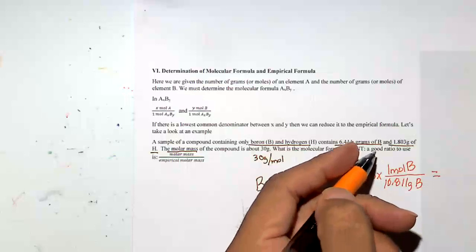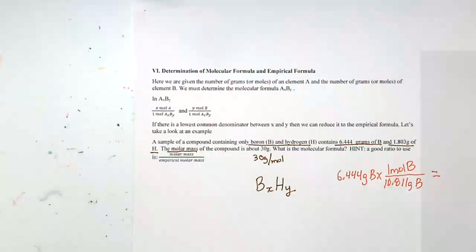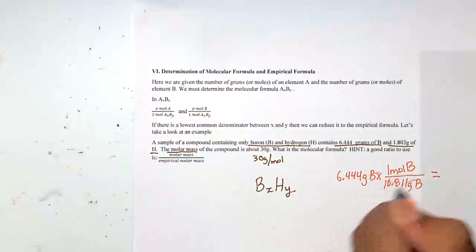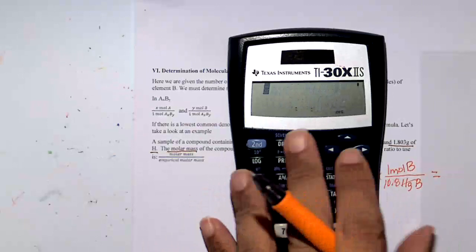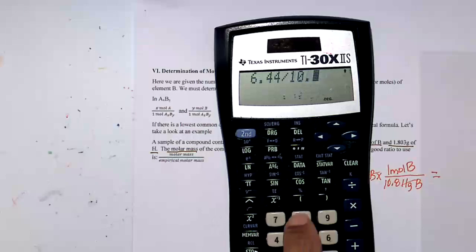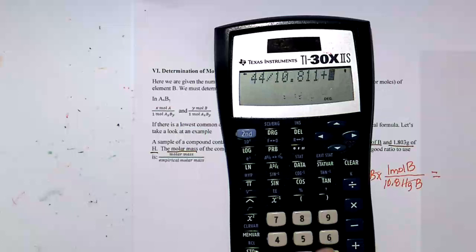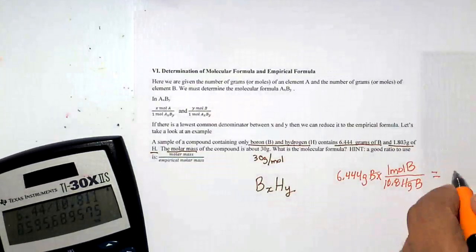Do you see the 10.811 for boron? Grams cancel. So what do we get? 0.596 moles.